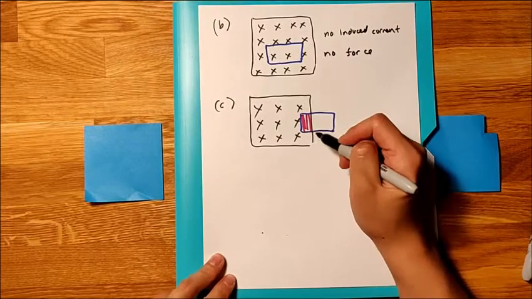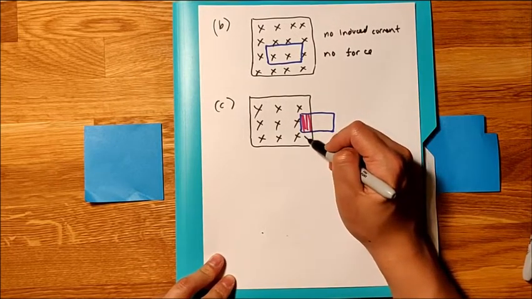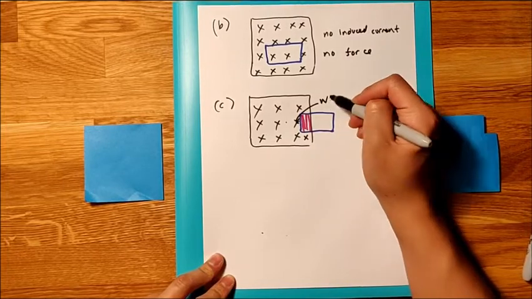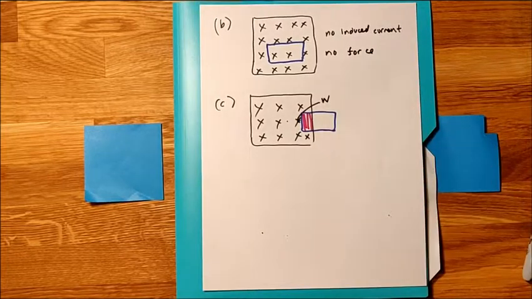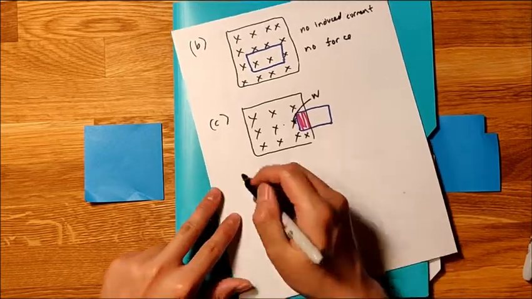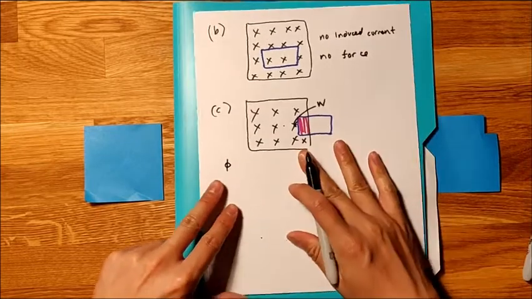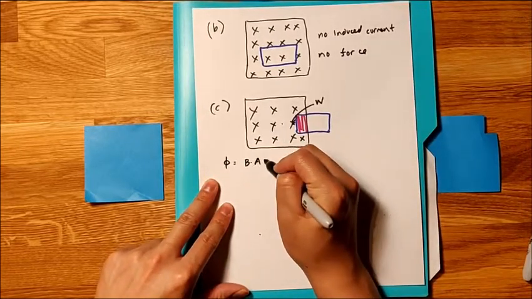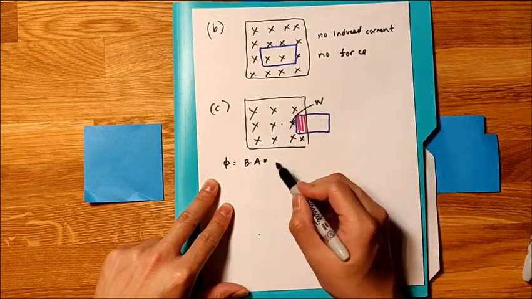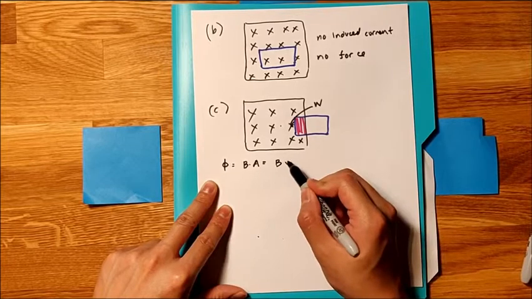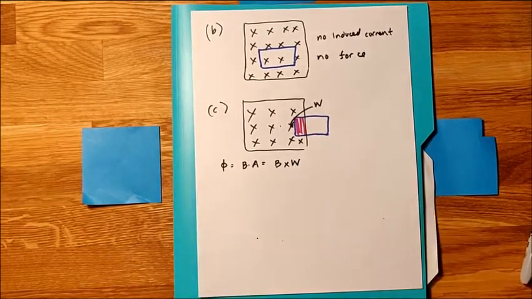And if I use the same naming convention, this will just be X, and this side will simply be W. So finding the flux again, it will simply be equal to B times A, or B times X times W for the area of the strip, which is the same from part A.